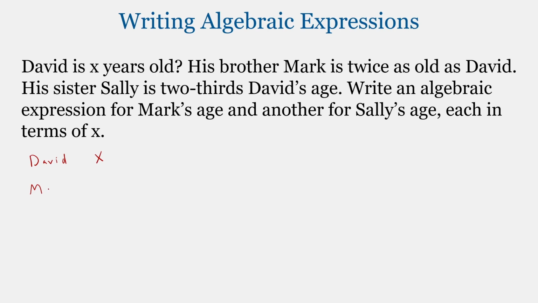Mark is twice as old as David. So Mark is 2 times David, and David is x. Twice means 2 times, or double. Sally is 2/3 David's age. So we have Sally, and she is 2/3 of David. Again, David is x. We can also write this as 2x over 3.